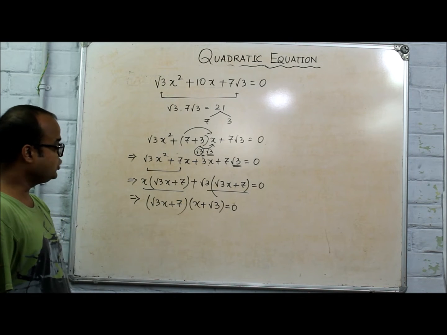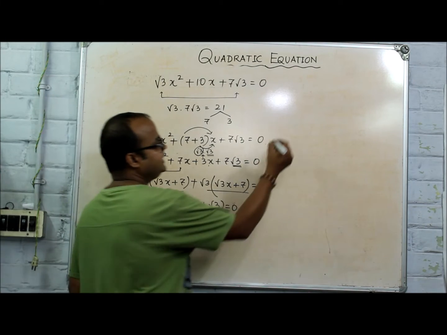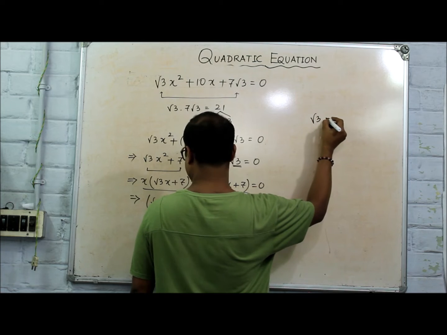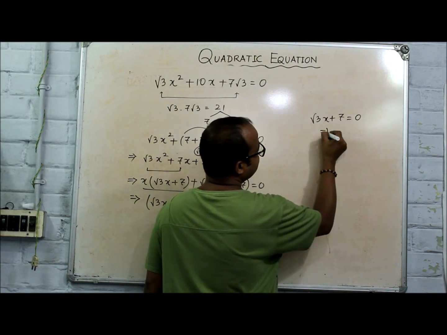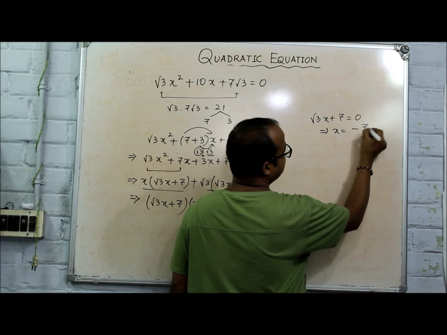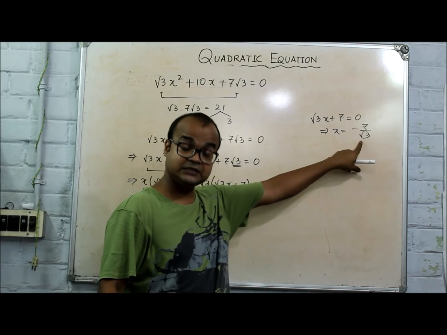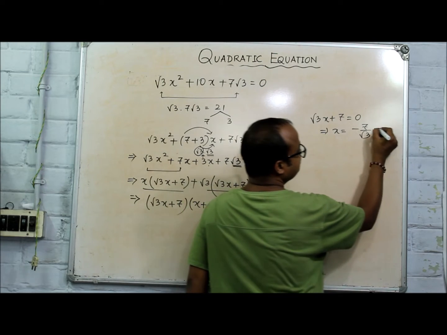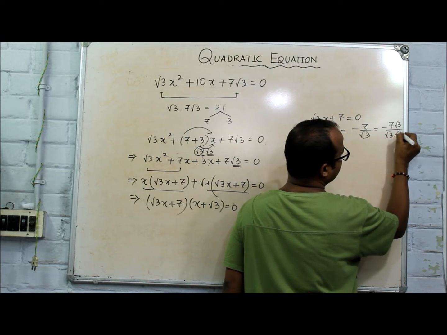Now these two expression product is 0. So as usual we write either root 3x plus 7 is equal to 0. It implies x is equal to minus 7 by root 3. Again I advise my students to rationalize this one. So minus 7 root 3 by root 3 into root 3.